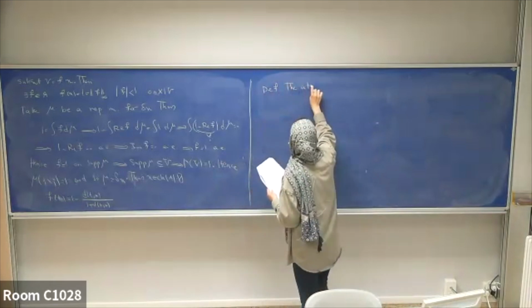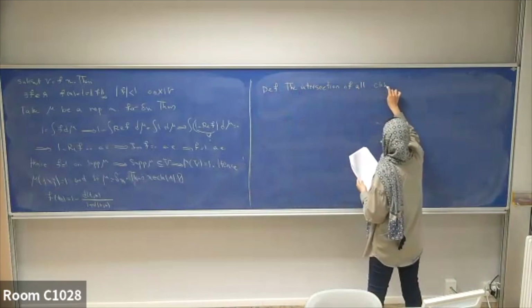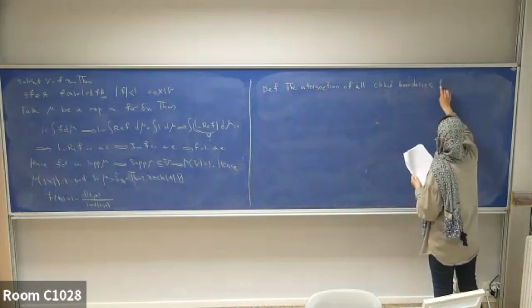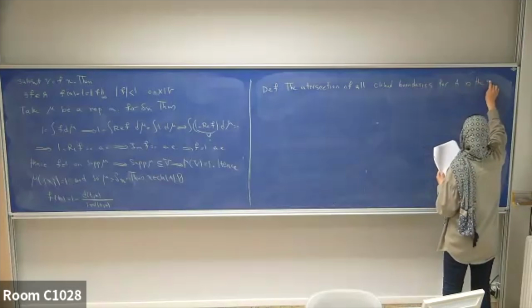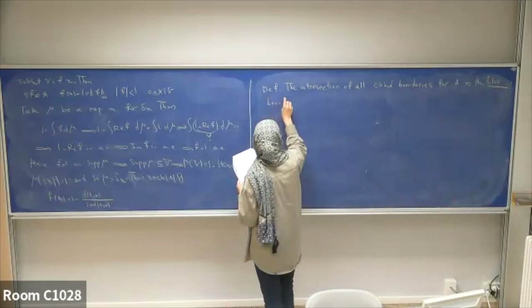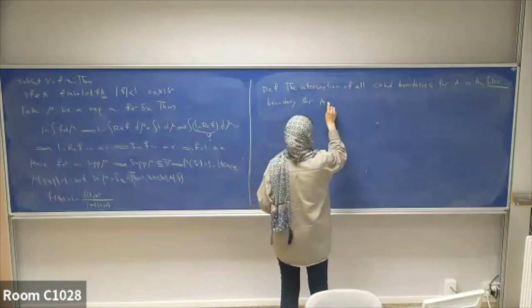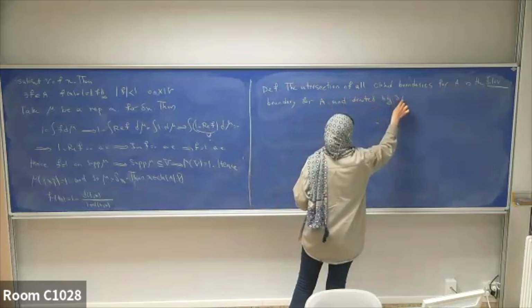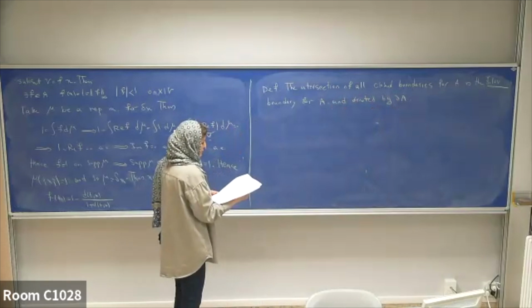The intersection of all closed boundaries for a function algebra on X is called the Shilov boundary for A, and denoted by Γ of A, sometimes ∂ of A is also used for this case.